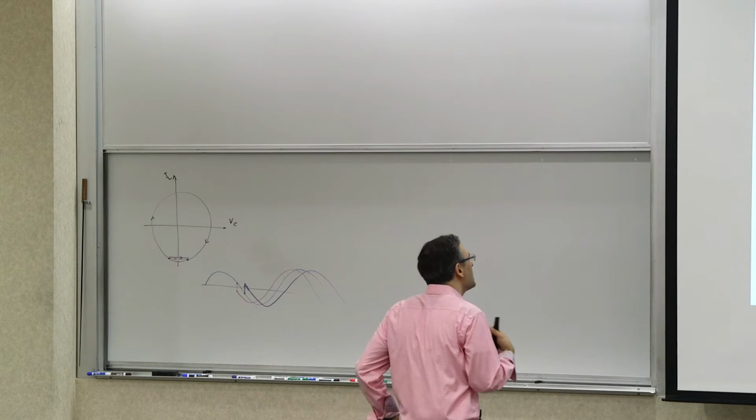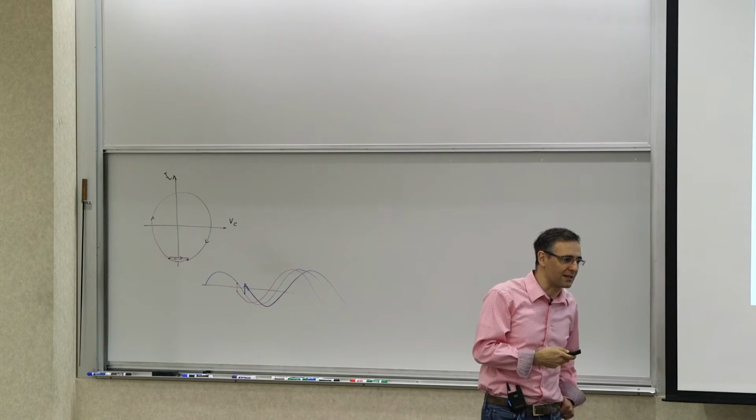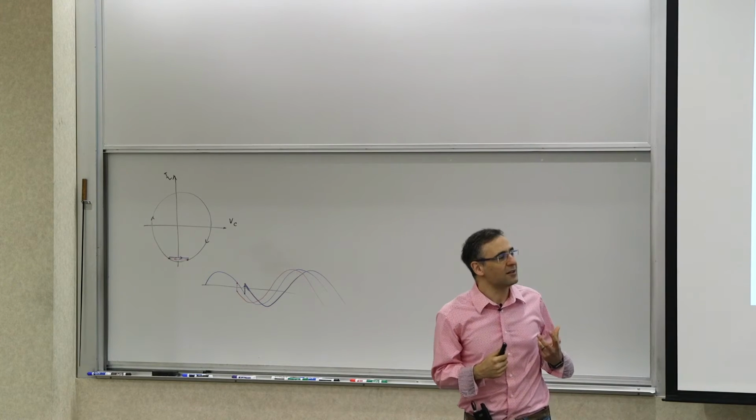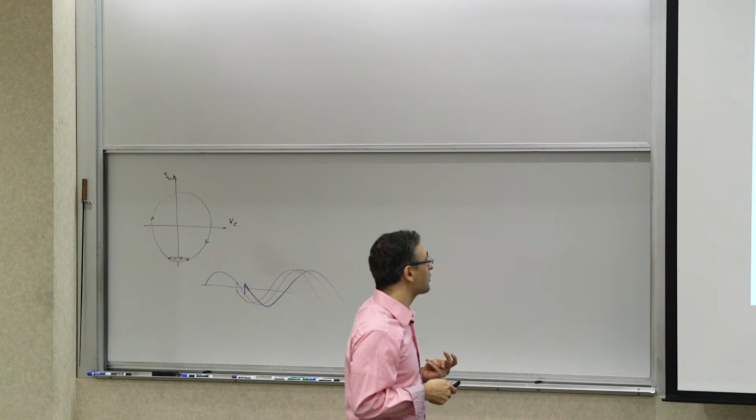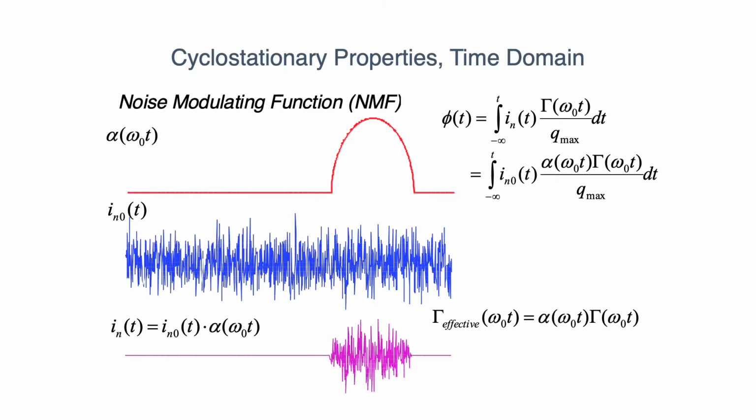The question is, what do we do with this? Can we model this thing or not? If you think about a cyclostationary noise, like the one shown at the bottom of this picture in pink, you can think about it as a stationary noise, like the blue noise, multiplied by a deterministic periodic waveform, which we call the noise modulating function, or NMF for short.